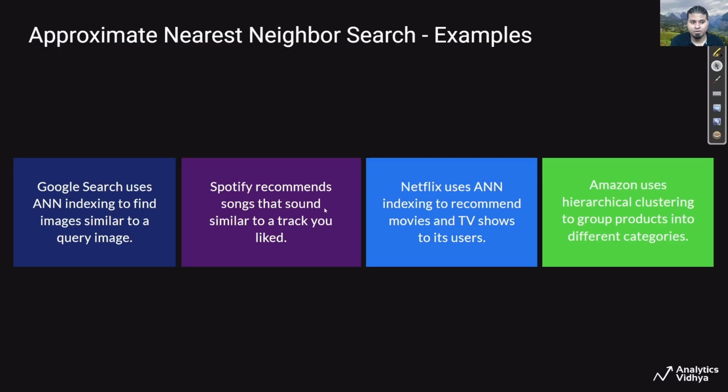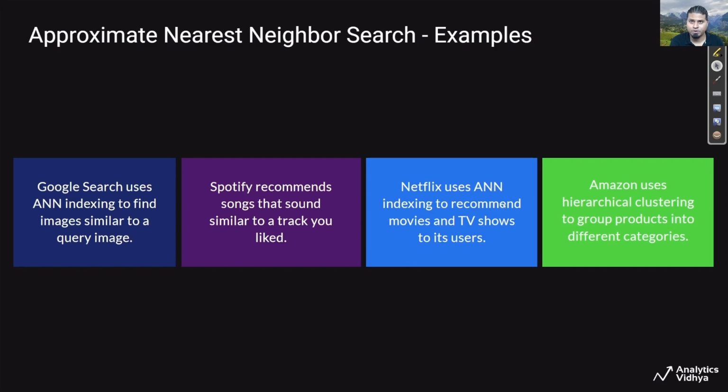Spotify recommends songs that sound similar to a track you liked. Again, it's converting the audio into embeddings, finding similar tracks based on similarity of embeddings, and returning the results to you. But it is not doing pairwise similarity of your song's embedding versus each and every song in Spotify's database. That'll take forever. It uses approximate nearest neighbors.